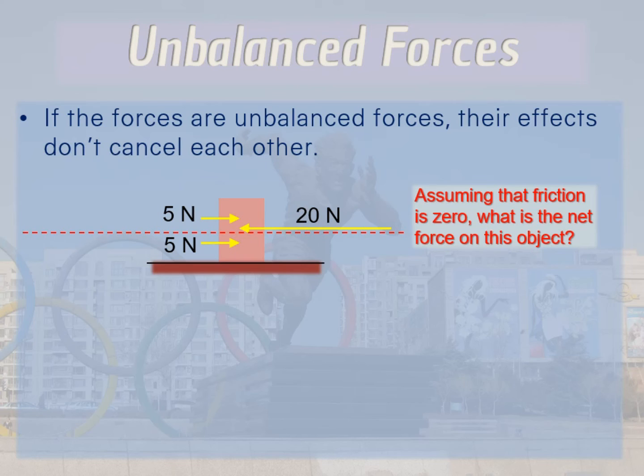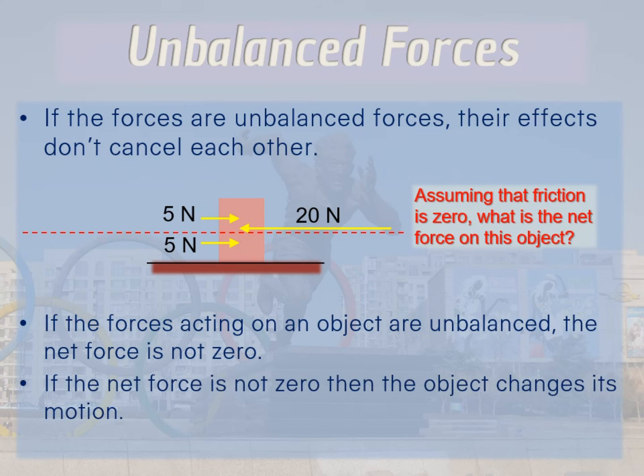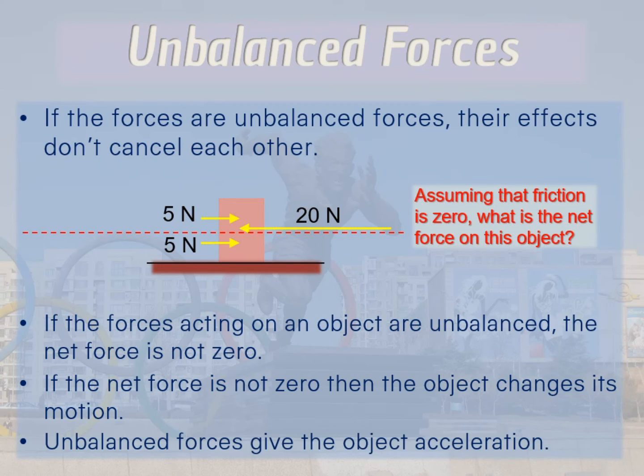It's very important that we exclude friction from this situation. So if the forces acting on an object are unbalanced, then the net force is not 0. What this means is that the object is going to change its motion, and if it changes its motion, that means that unbalanced forces give the object an acceleration.